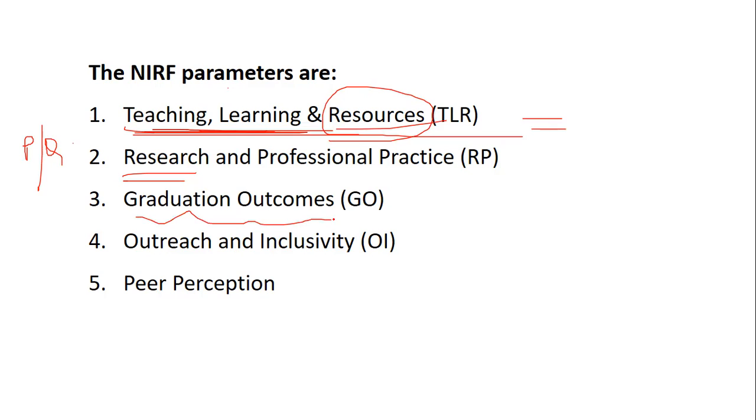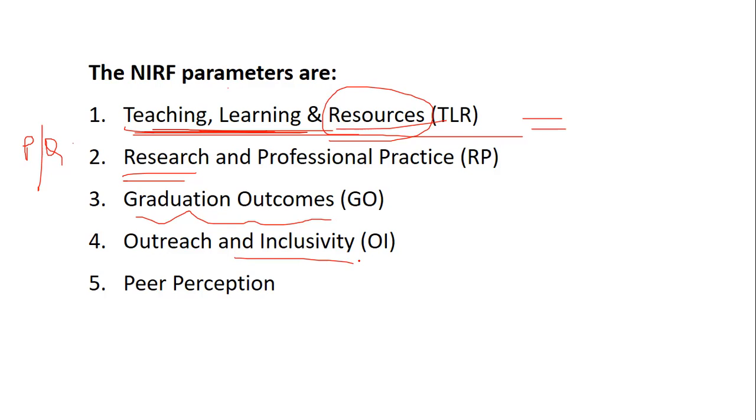Then graduation outcomes. When we talk about graduation outcomes, it is the examination, not only for regular students but also for PhD students. So for graduation outcomes, they have taken into consideration both the university students as well as the PhD graduates. When we talk about outreach and inclusivity, it talks about the percentage of students not only from one state but also from other states or other countries.